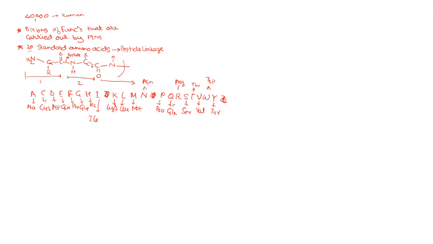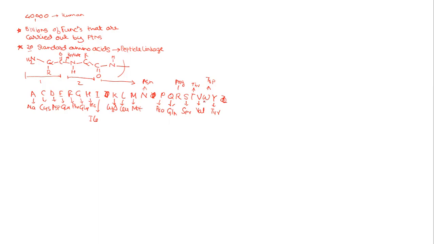Well, now I would like to raise a question. We have come to a consensus that there are billions and billions of functions that need to be carried out by proteins, and these proteins are nothing but polypeptides, or polymers of different amino acid residues, and we have only these 20 standard amino acid residues.